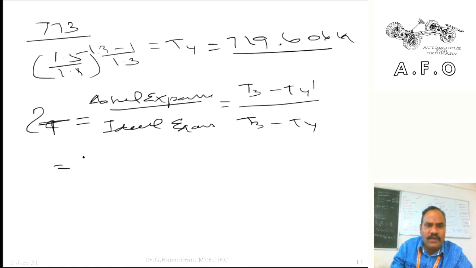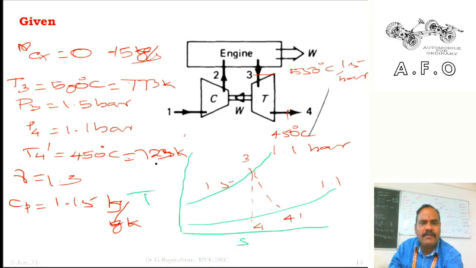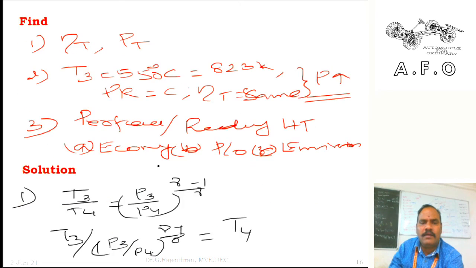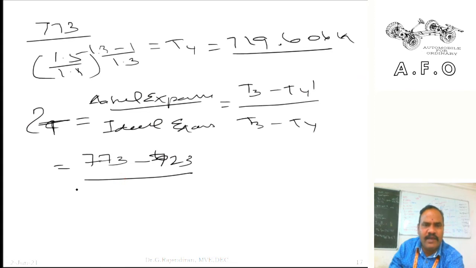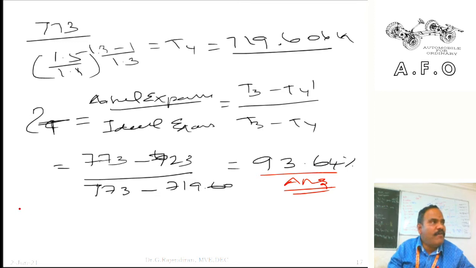We know T3 is equal to 773 and T4 dash is equal to 723, divided by 773 minus 719.60, which gives 93.64%. So this is the second, the power output.